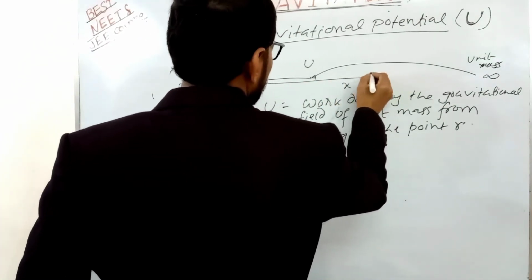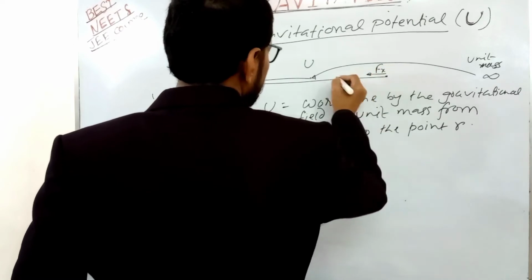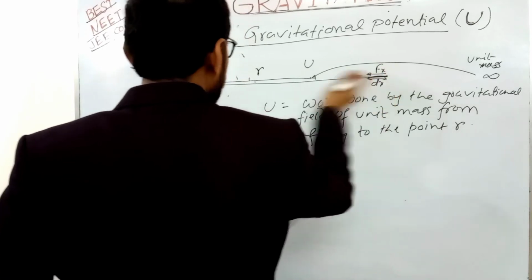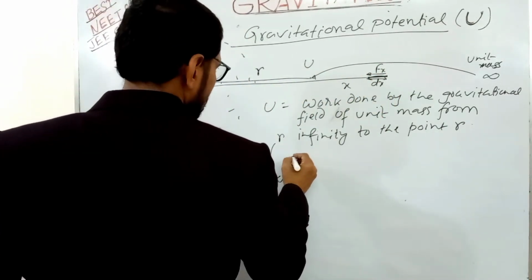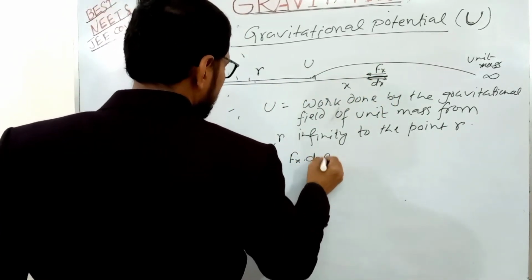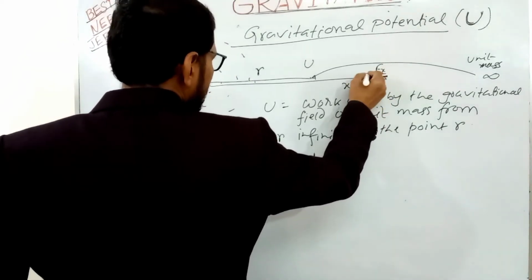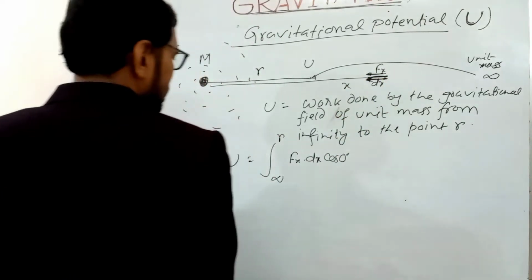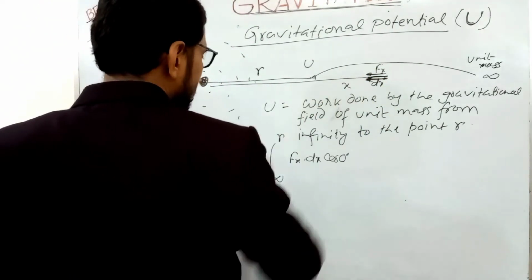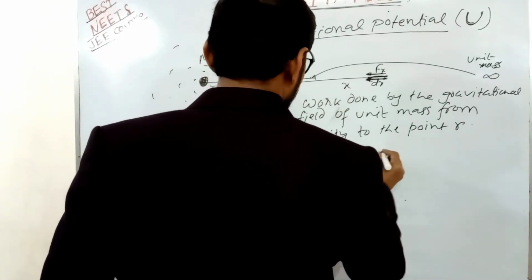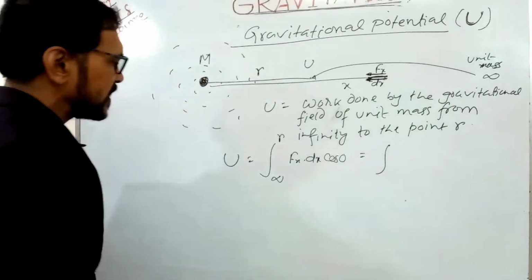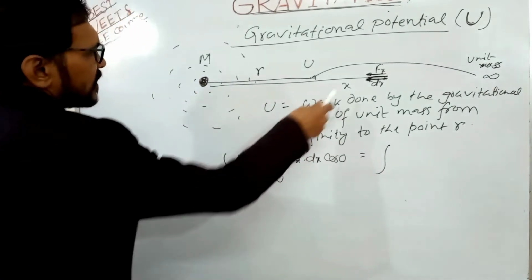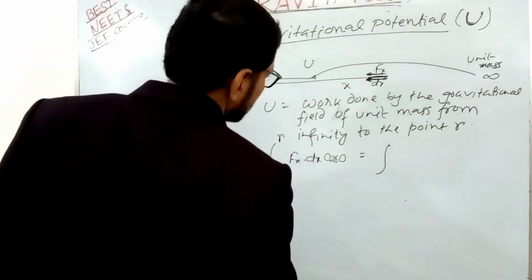The force is along this direction, and the work done to move a distance dx towards the mass m is Fx into dx into cos 0 degree. Here the direction of Fx and dx is the same, because we consider the work done by the gravitational field. Here the gravitational field works on the unit mass.